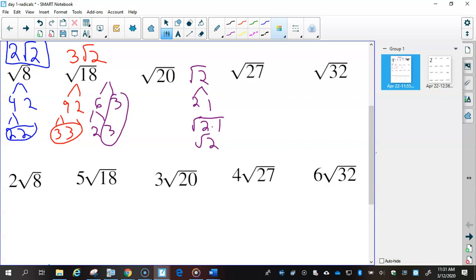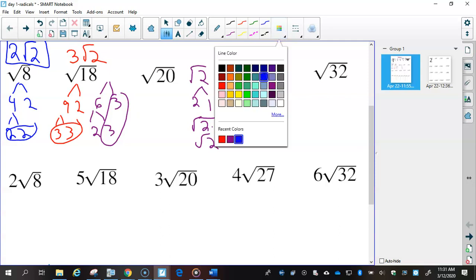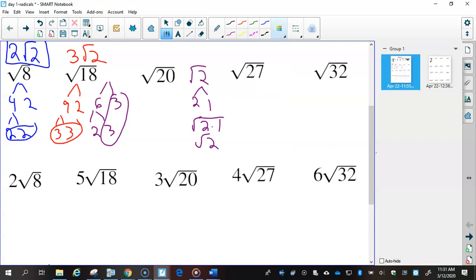Now, we'll do more examples so that you see what happens when you don't have other pairs. What are 2 factors of 20? 5 and 4. You could also do 10 and 2. It doesn't matter. I'm not going to do both again, but either one would work. Sometimes, depending on the factor you choose, you have to simplify more or do your factors more. 4 we can break down to 2 and 2.